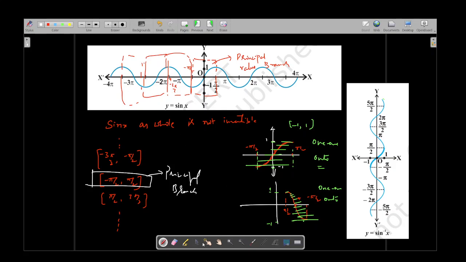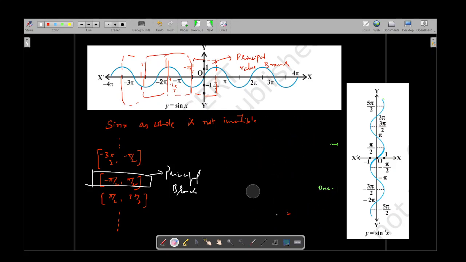Now, how to plot the inverse function for this? Let's take my principal branch, from minus pi by 2 to plus pi by 2.